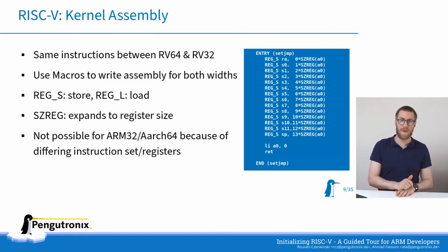ARM 32-bit has only 16 general purpose registers available, and ARM64 has 32 general purpose registers available. So you can't simply share the kernel assembly code there unless you impose very tight restrictions on the ARM64 instruction set.